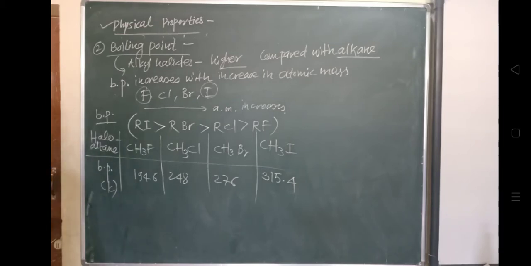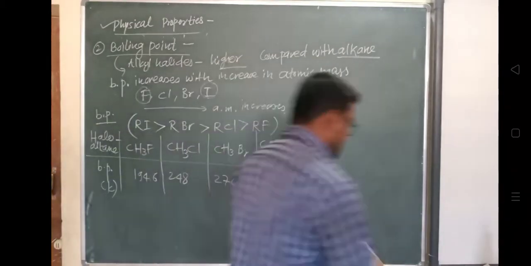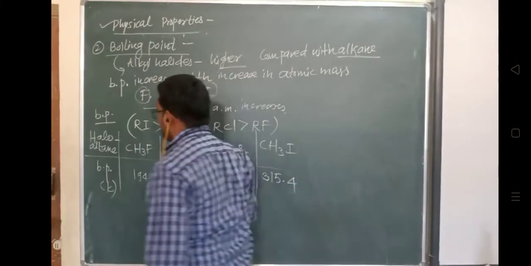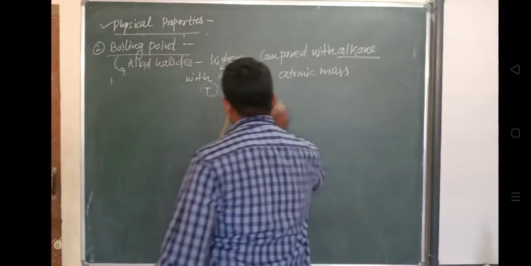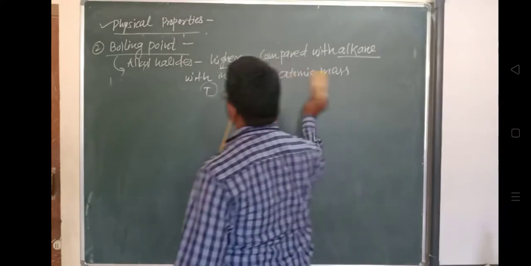For isomeric alkyl halides, boiling point decreases with increased branching. Now we'll see what happens for isomeric alkyl halides.